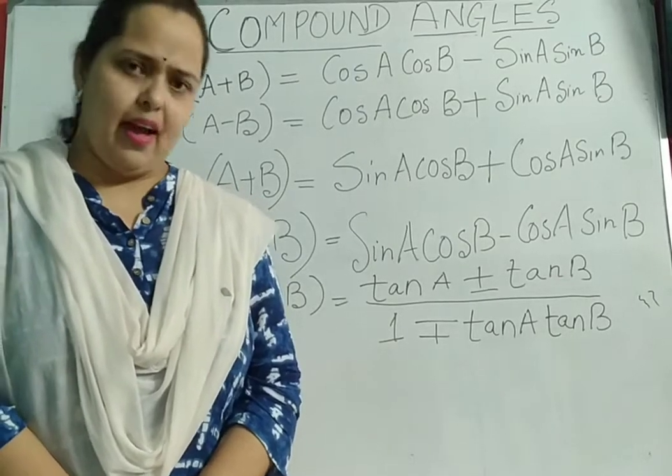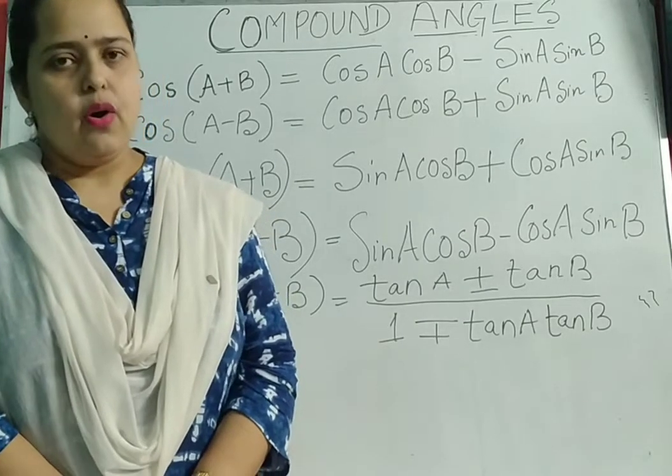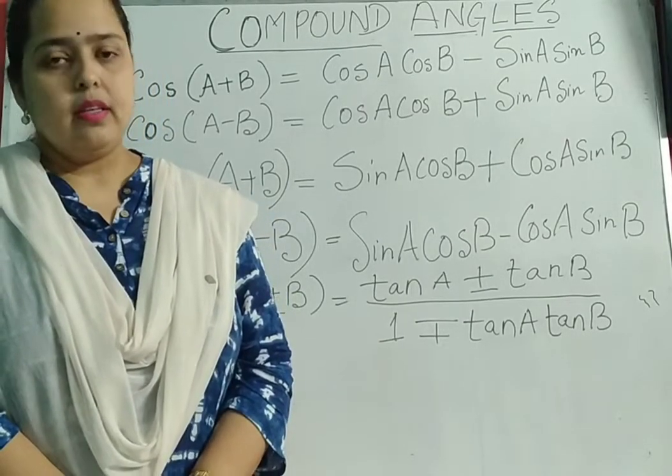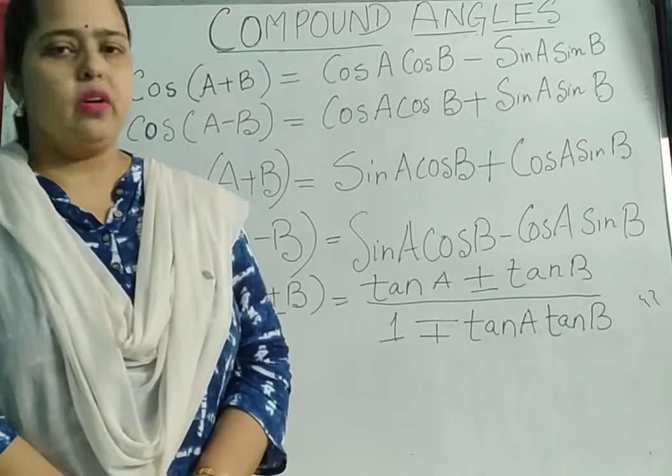Compound angles are actually known as sum or difference of the angles. Say the angles are like A, B, C, whatever.